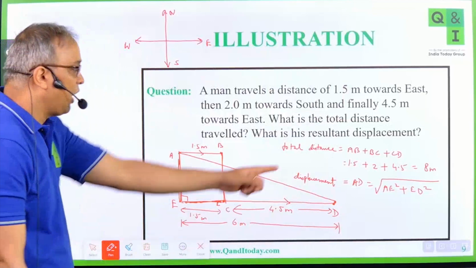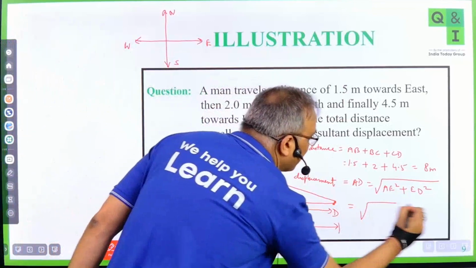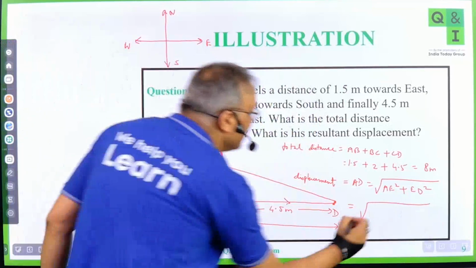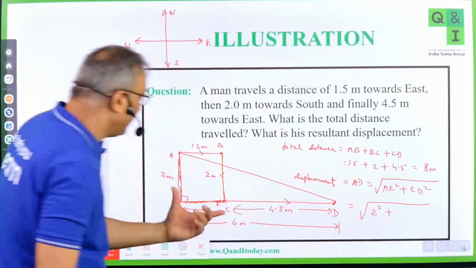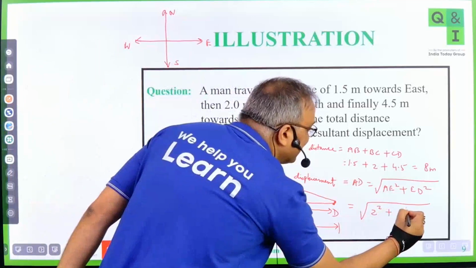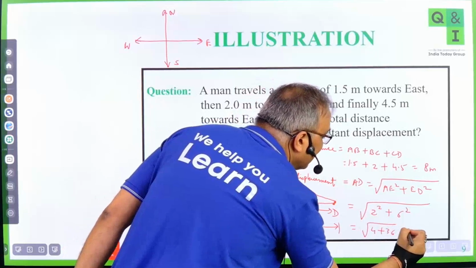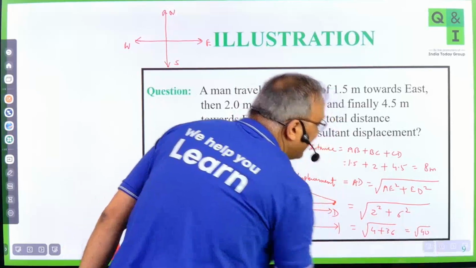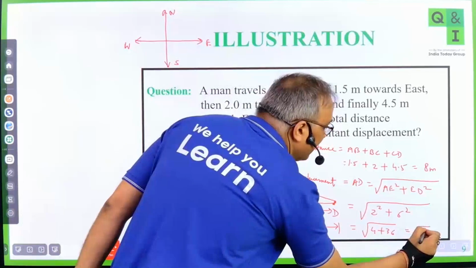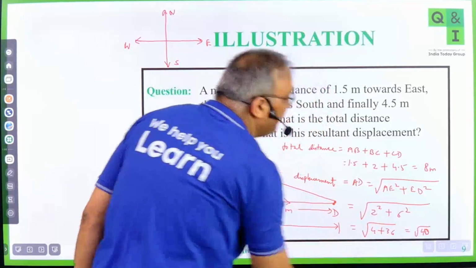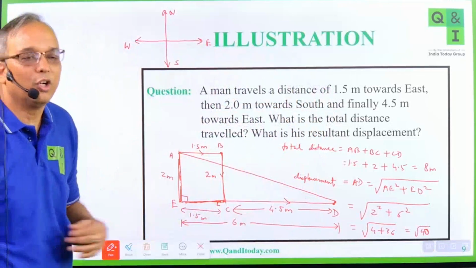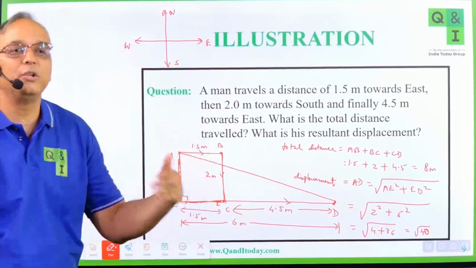Okay. Now what is AE square? Root under AE square is 2 square plus ED square, that is 6 square. So this is 4 plus 36, which is equal to root 40. Okay. Now if we further simplify this, we know that what is root 40? It is 2 into 2 into 2 into 5.